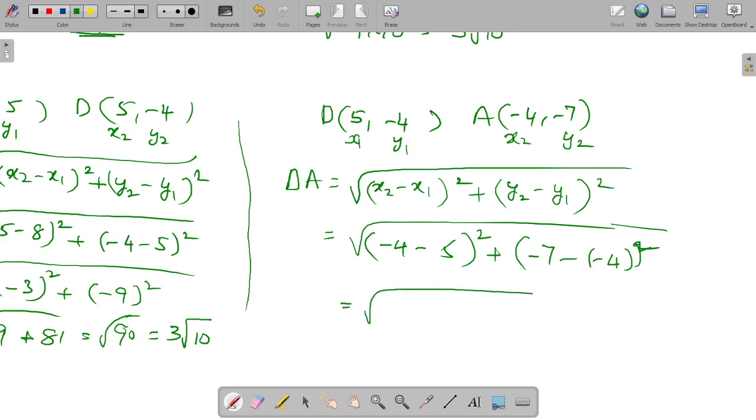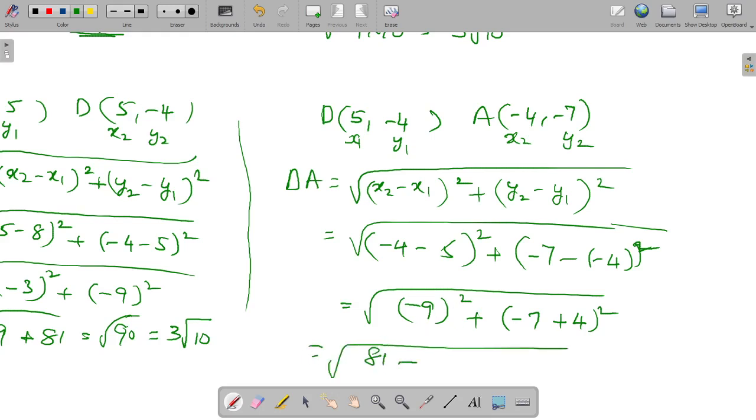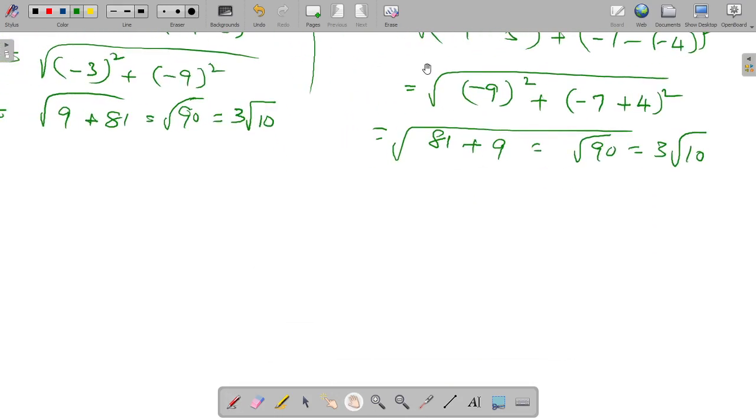So this is (-9) whole square plus (-7 plus 4), which is (-3) whole square. That is 81 plus 9, the square root of 90, which is 3 root 10. Okay, so AB is equal to BC is equal to CD is equal to DA.